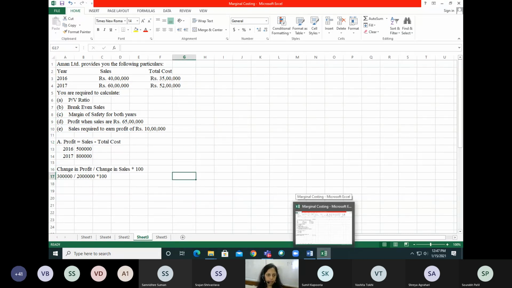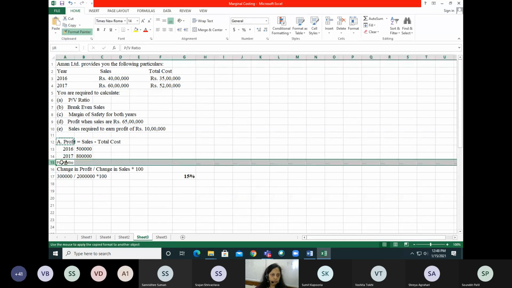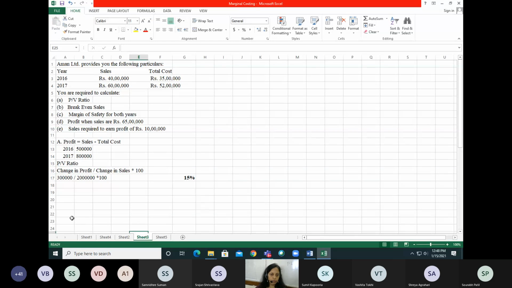15%. 15% will be your PV ratio. Whenever comparative data is given, you have to use the formula change in profit upon change in sales into 100.